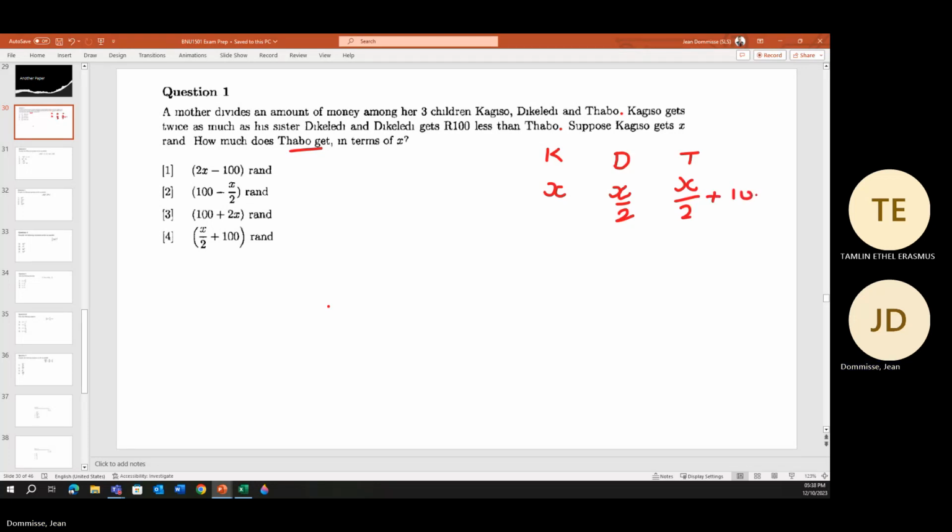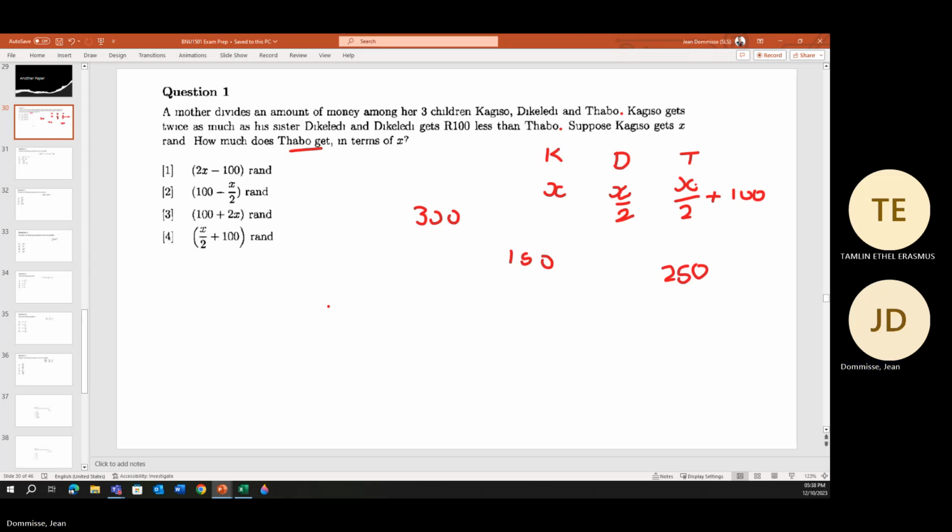So let's quickly check. If we said Kagiso was getting 300, the sister got 150, and Tabu gets 150 plus 100, so it's 250.